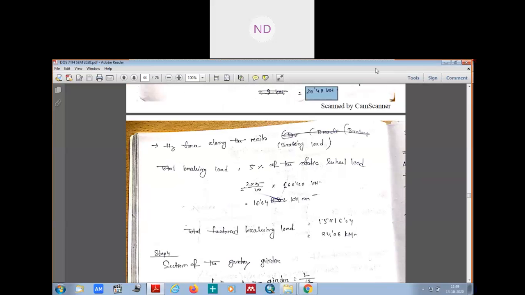Suppose this is the crane girder. Sorry, this one is our gantry girder. These two are the gantry girders, and these are your crane girders. Here we have the load trolley, right?